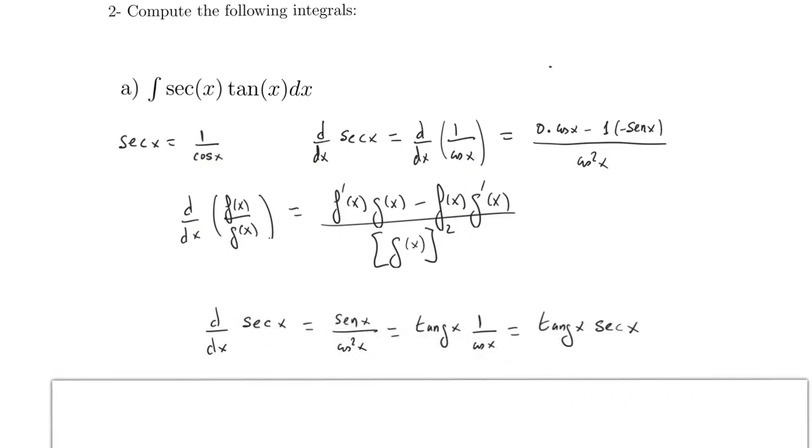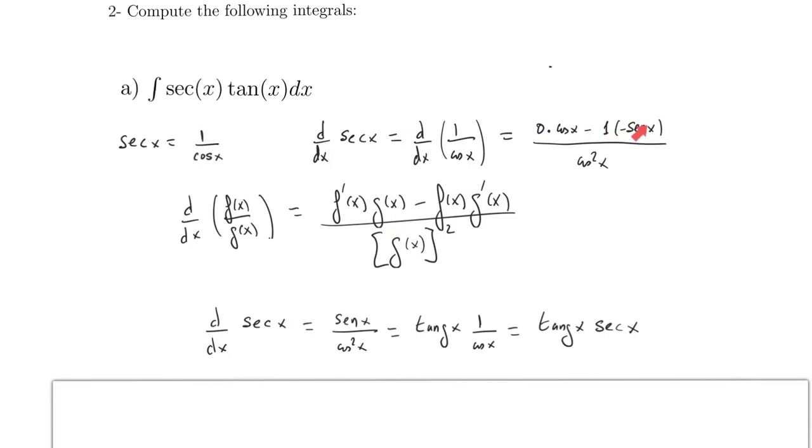So the derivative of secant of x is the derivative of the first, the numerator, which is 1, the derivative is 0, times the denominator, cosine of x, minus the function, the numerator 1, multiplied by the derivative of the denominator, but the derivative of cosine of x is minus sine of x.